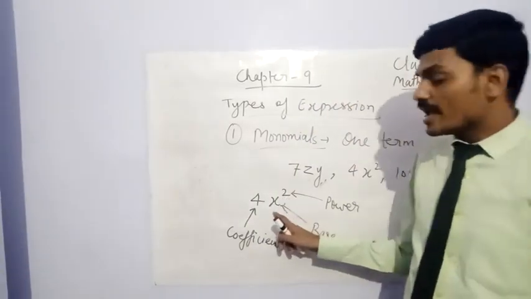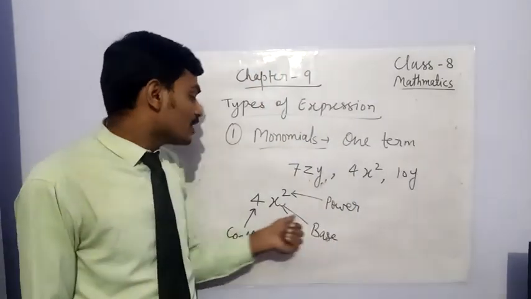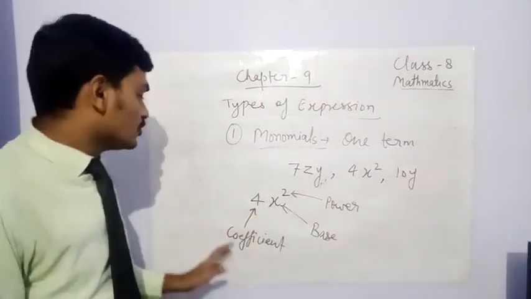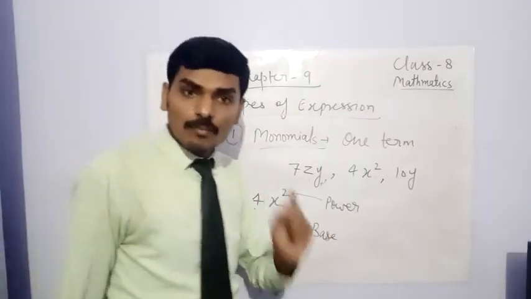Here 2 is the exponent of x, so we can say that 2 is the power of this term. So you should know what the coefficient, the base, and the power are.